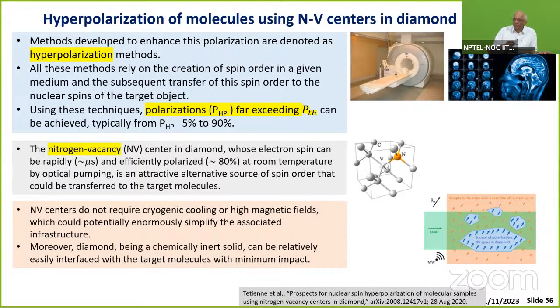So this hyperpolarization will just revolutionize the health industry. This is a humanity-affecting contribution of quantum sensing if it can happen, and it will happen. There are already companies in Europe trying this idea.